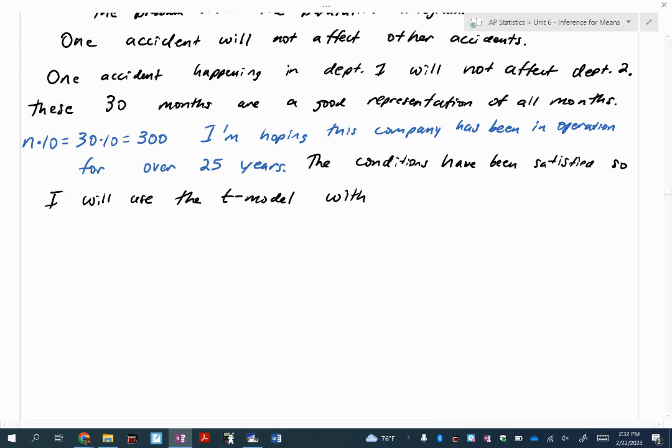I don't know yet. So what you're going to see more is when you do two sample things, two sample T intervals, two sample T tests, you just want to hold off and let the technology tell you what the degrees of freedom is. So leave a blank, degrees of freedom. To run a two sample T interval.